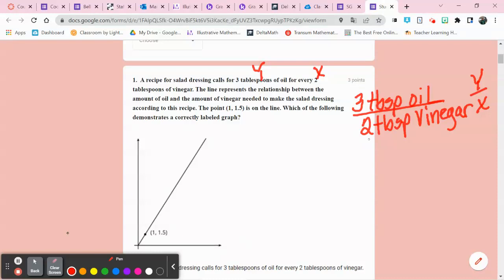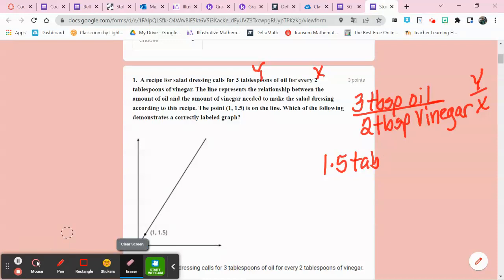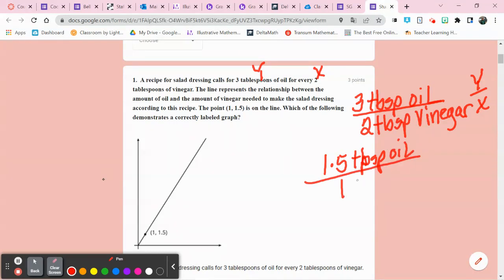And we can also find our constant of proportionality here, which is 1.5 tablespoons. I'm not going to write that out. Let me go back for a second and erase. I'll just put the shortcut for tablespoons because it's a lot easier. 1.5 tablespoons of oil for every 1 tablespoon of vinegar.